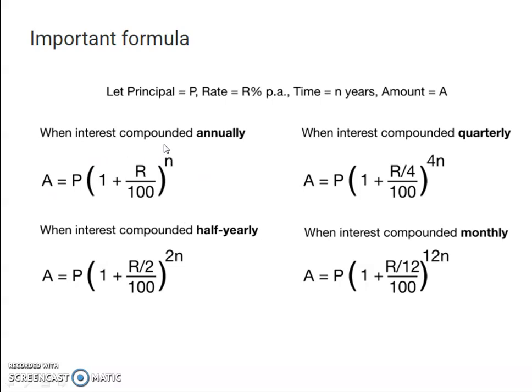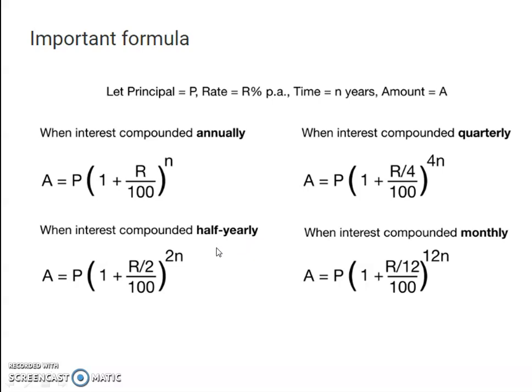When interest is compounded annually, that is, you are depositing the money for 1 year, 2 years, 3 years, etc., it will be A equal to P, that is principal, into 1 plus R by 100, the whole raised to N.